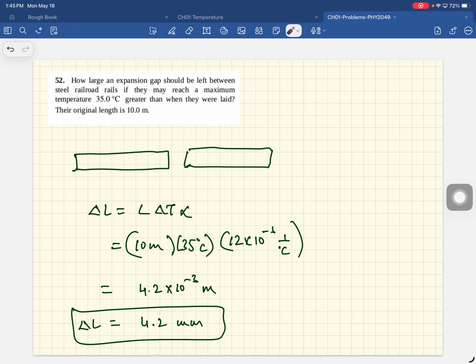Now let's put the same amount of heat on concrete.